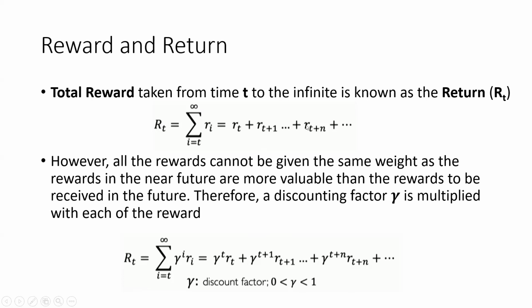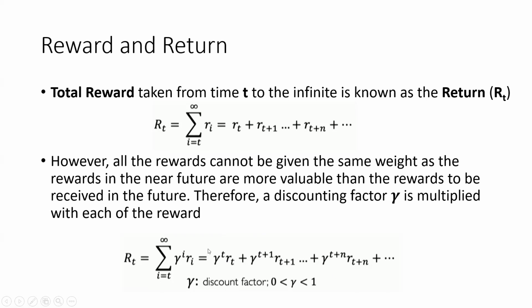So in each time step, you have to take the selected discount factor with the power incremented in each time step, and then multiply each of these rewards with the incremented discount factor, right?